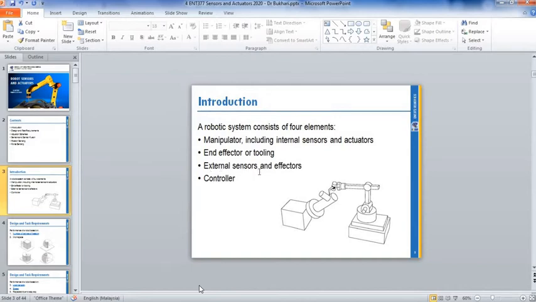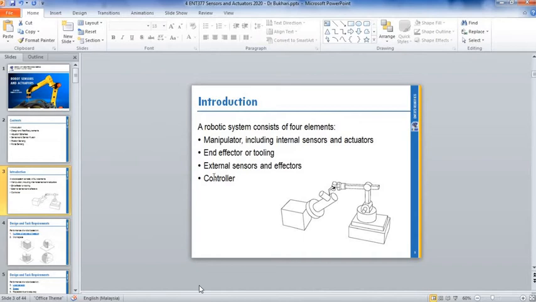External sensors, maybe you equip your robotic arm with a force sensor, or touch sensor, tactile sensor. So that one is external, to sense the external surroundings.